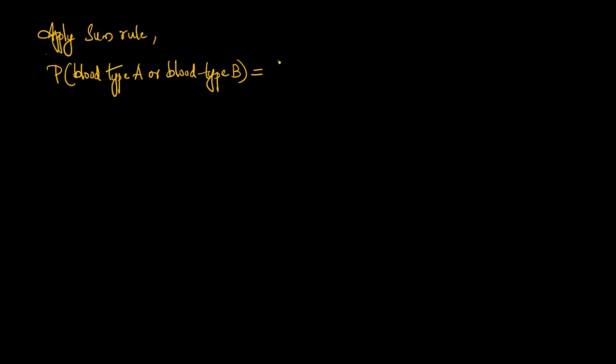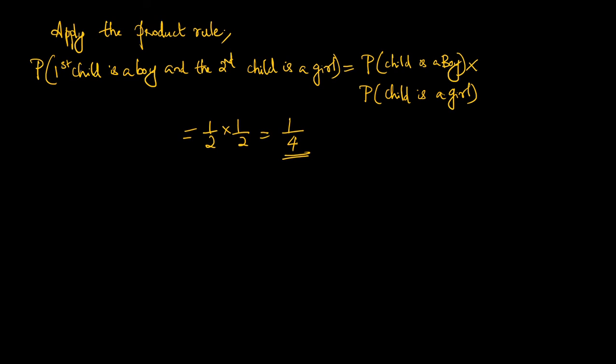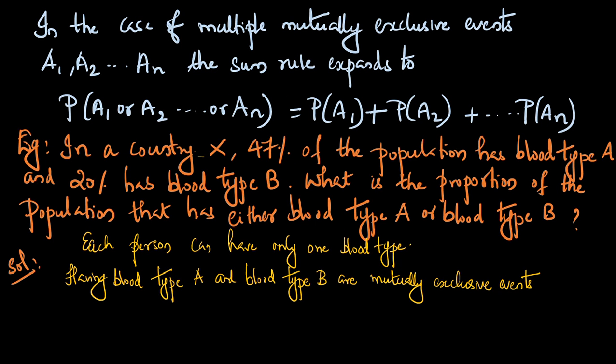Therefore, let's apply the sum rule. Therefore, P of blood type A or blood type B is equal to probability of having blood type A plus probability of having blood type B. And it is given in the question that the probability of having blood type A is 47% and that of blood type B is 20%.